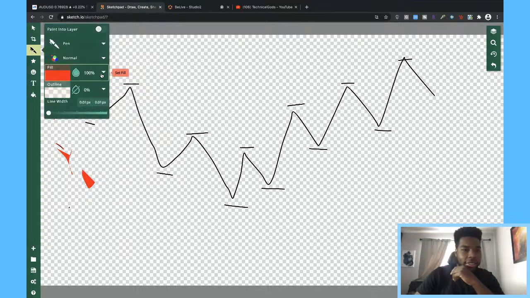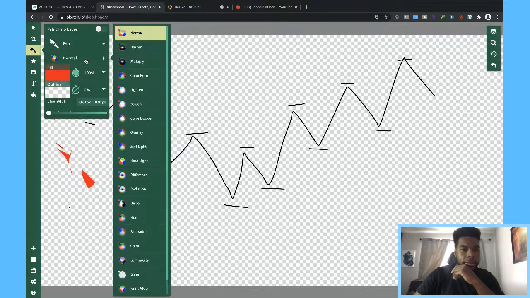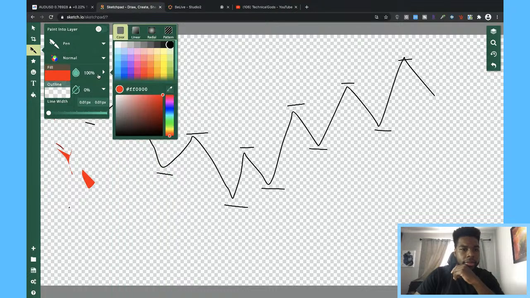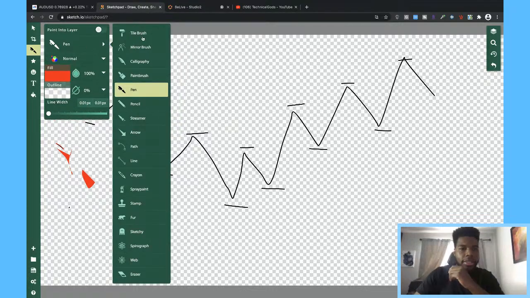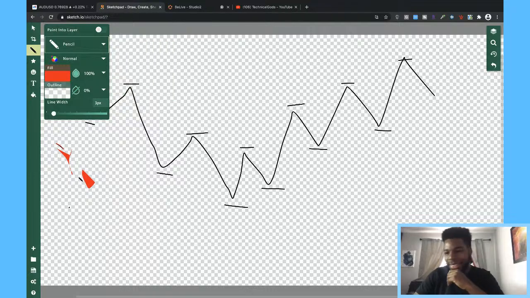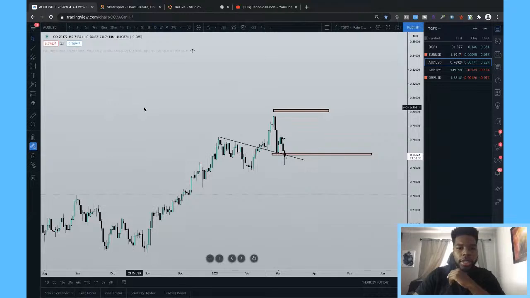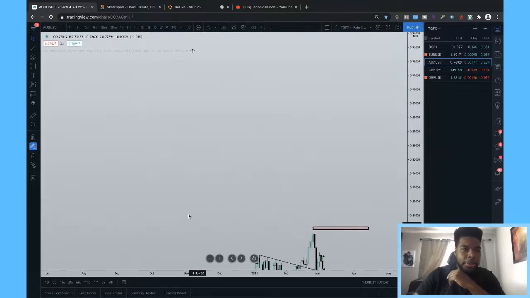What the heck? Hold on. Linear color. The craziest part is it was working perfectly fine before this. Yo, it was good, Joe. All right, so let me just do it on the actual chart because that thing is straight tripping.